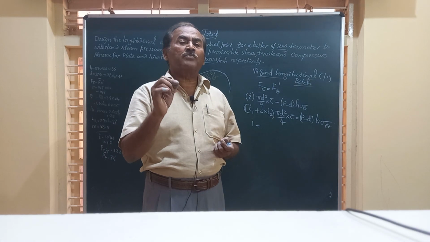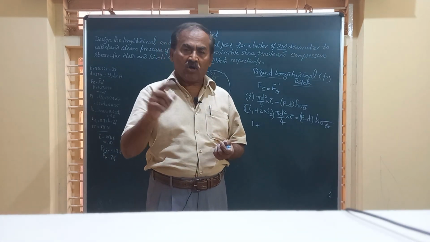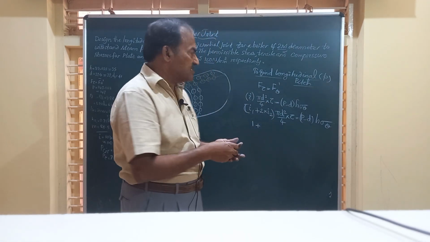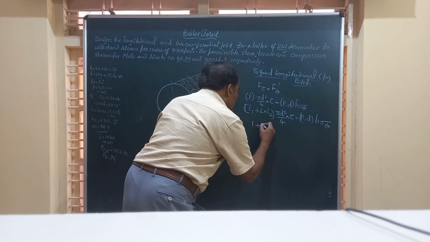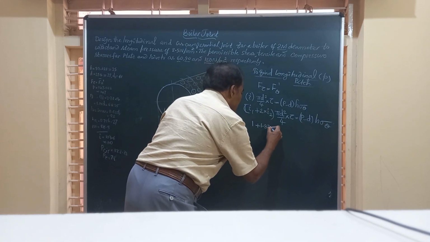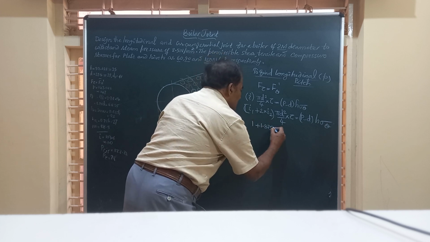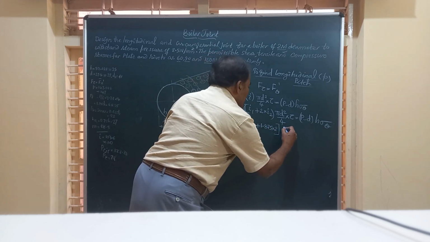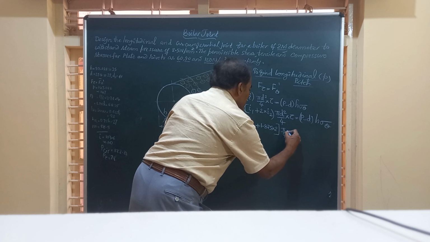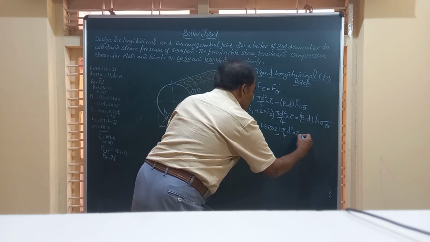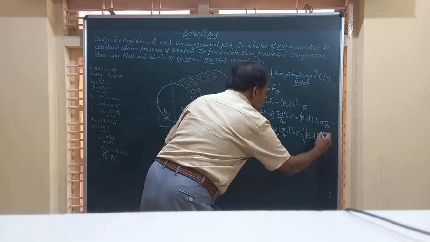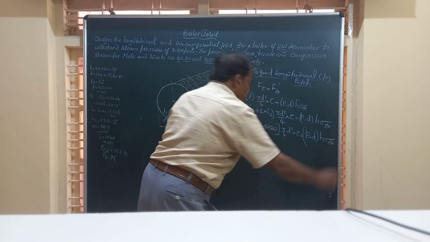It will be 1.875 times stronger than a rivet failing by single shear, even if they have the same diameter. So instead of 2, write 1.875 times I2. I2 we have got as 2. So (I1 plus 1.875 I2) multiplied by pi by 4 d square into tau is equal to (P, the longitudinal pitch, minus D) into H into sigma theta.